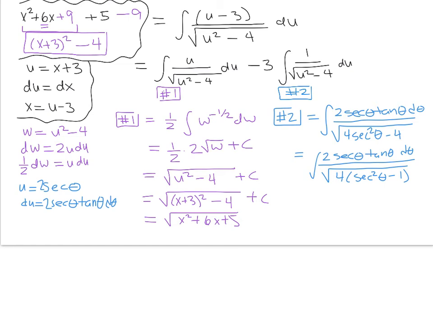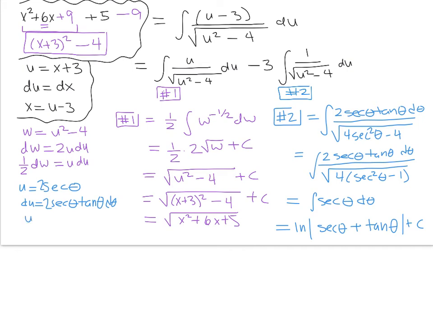So secant squared theta minus 1 is tangent squared. The square root of this 4 is 2. All we end up with is the integral of secant theta. Like I said, it happens a lot. So that gives us ln absolute value, secant theta plus tan theta, plus another c.